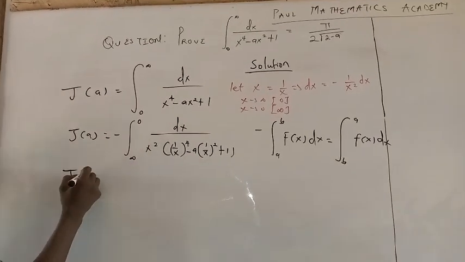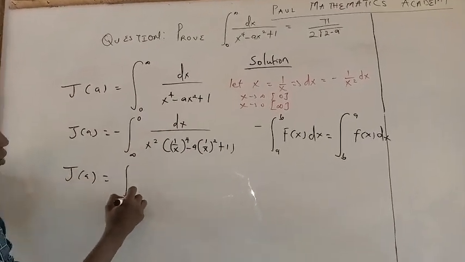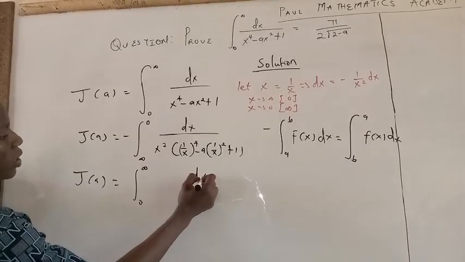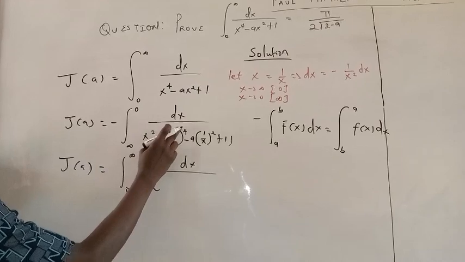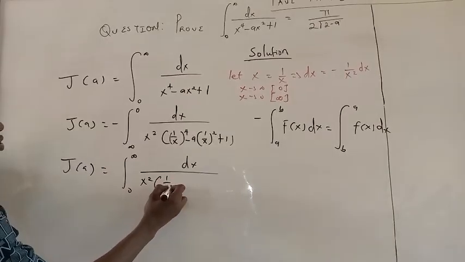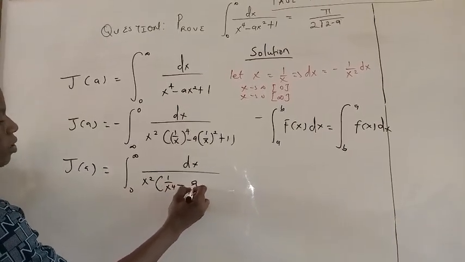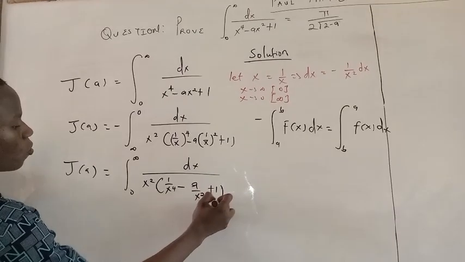Then I have J equals the integral running from 0 to infinity of dt over t squared into brackets. Now that will be 1 over t raised to the power of 4 minus a over t squared plus 1.